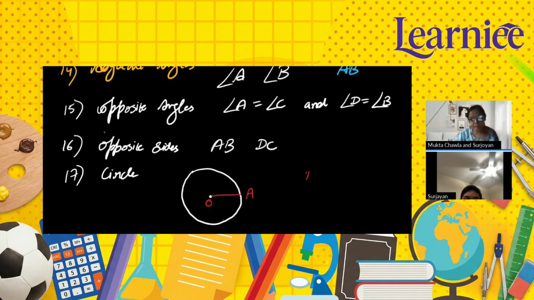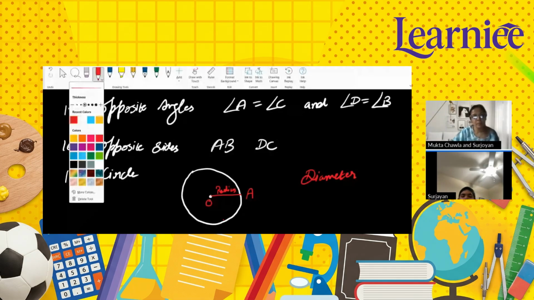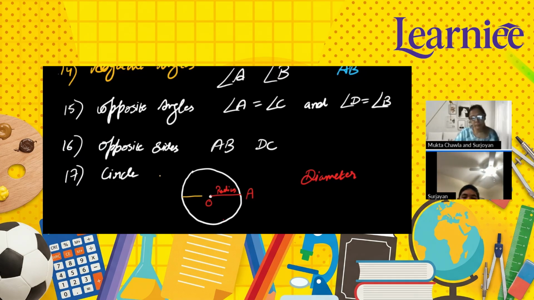Diameter. This is the radius, you said diameter. What is diameter? Diameter is from one end of the circle to the other end, passing through the center point. To find a diameter, we can multiply the radius by 2.